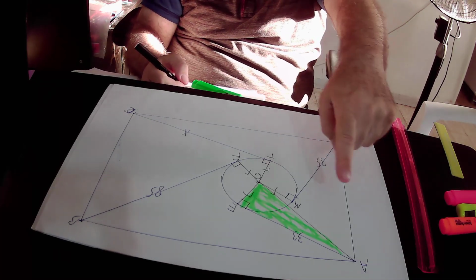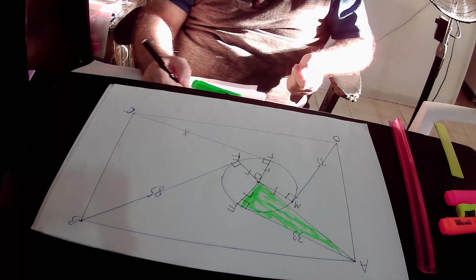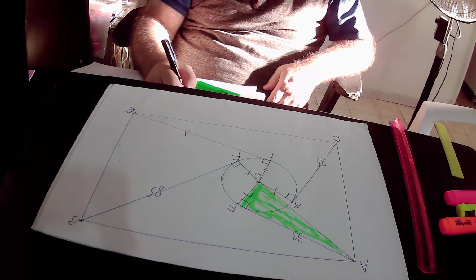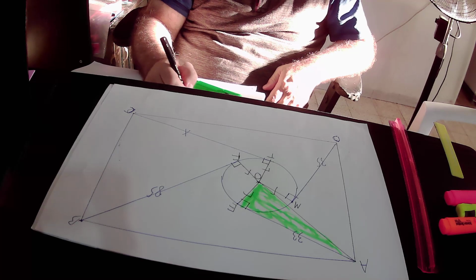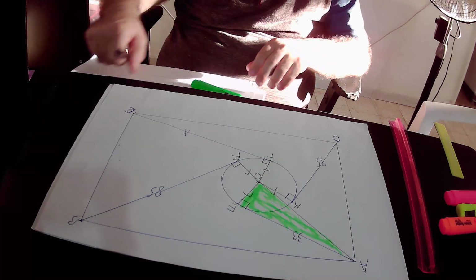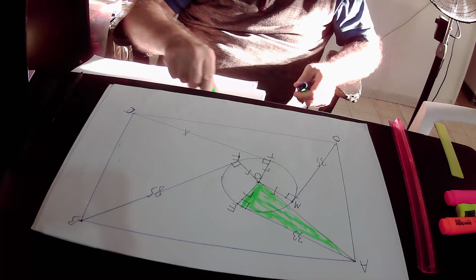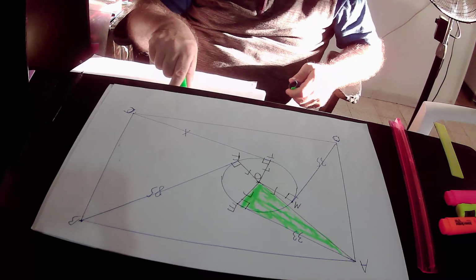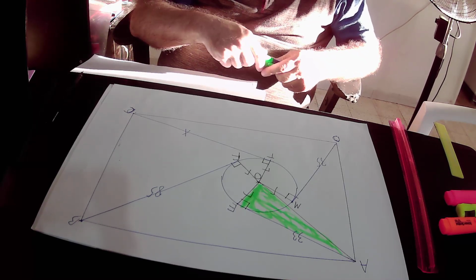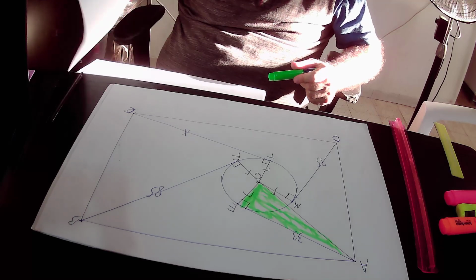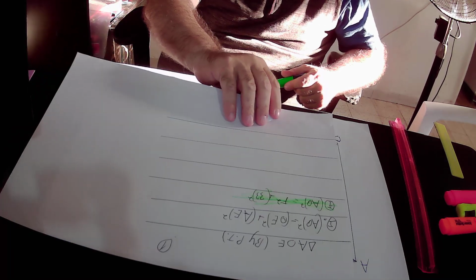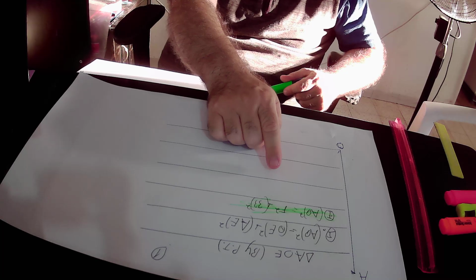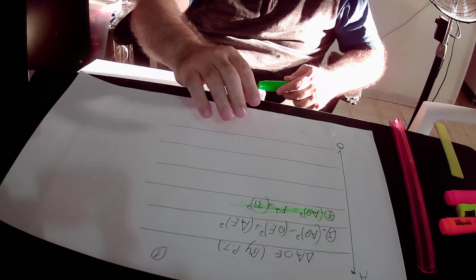AE equals 33 units according to what is given in the question, therefore AE square is 33 square. So, in conclusion, we found out that according to equation number 1, AO square equals R square plus 33 square.